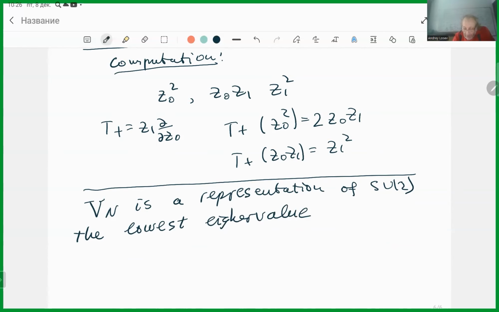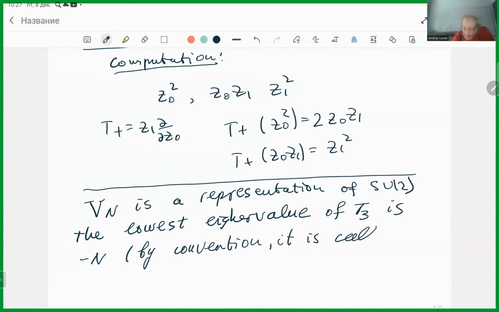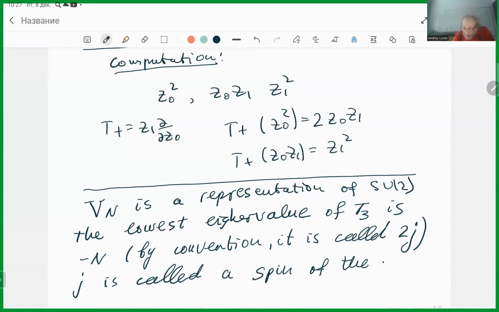The lowest eigenvalue of T3 is minus n. By convention, it is called 2J, where J is called the spin of the representation, by physicists.